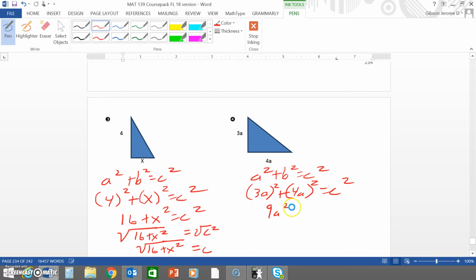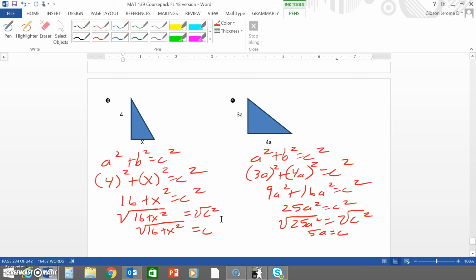So this would be 9a squared plus 16a squared is equal to c squared. So 9a squared plus 16a squared is 25a squared, which is equal to c squared. We'll take the square root of both sides, and that will give us 5a is equal to c.